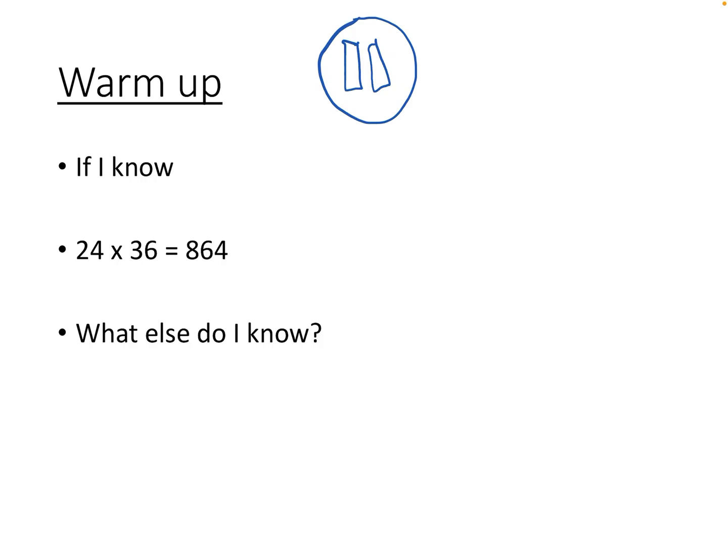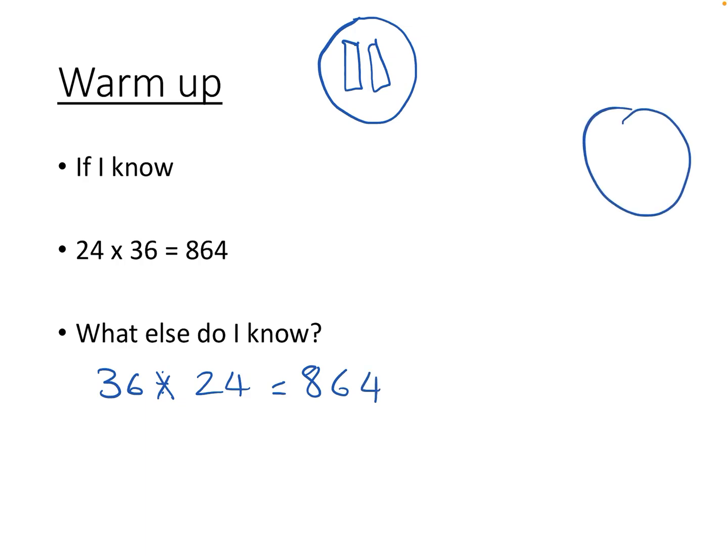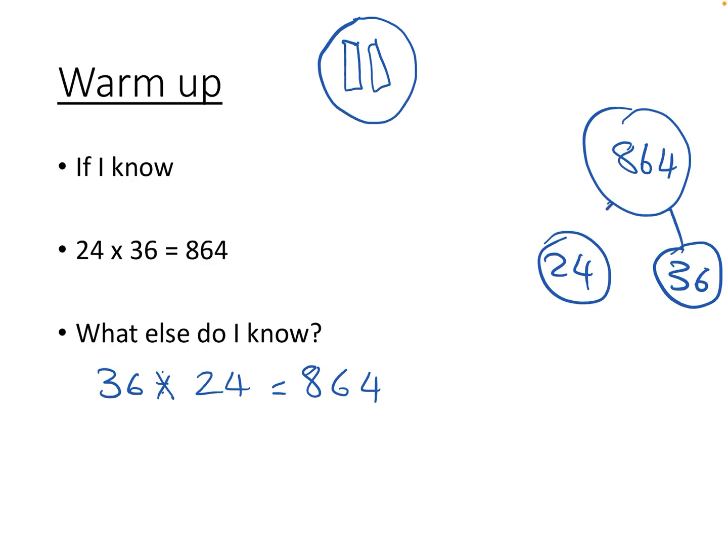So, I know that 36 multiplied by 24 is 864. That might look something like this: 864, 24, 36. We might draw out our fact family like this.